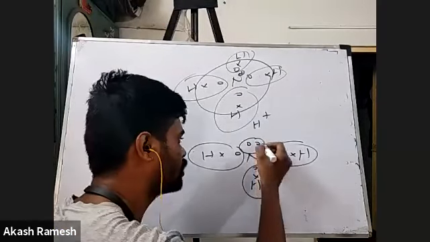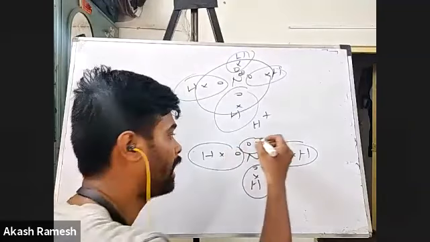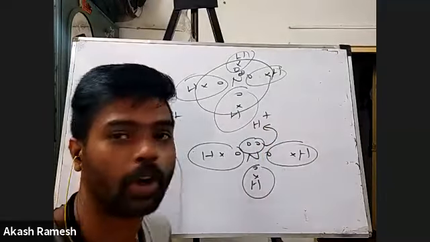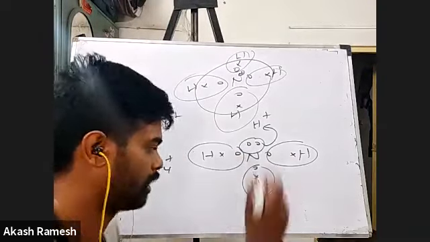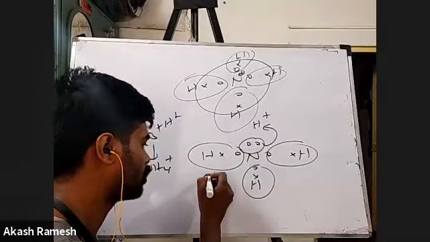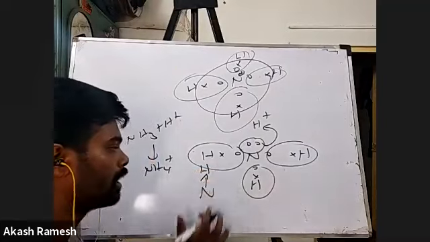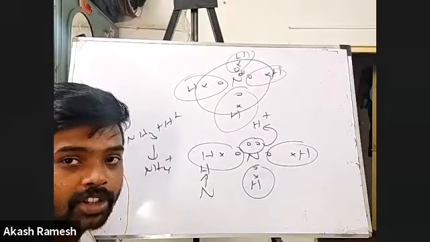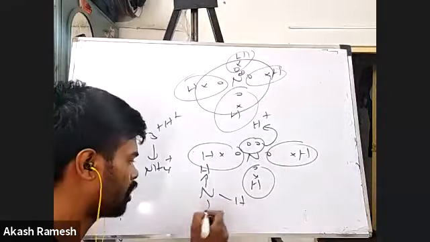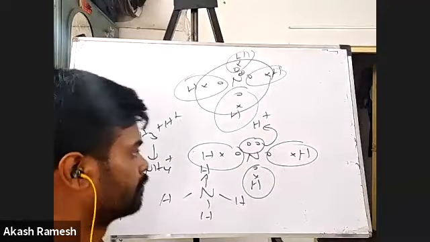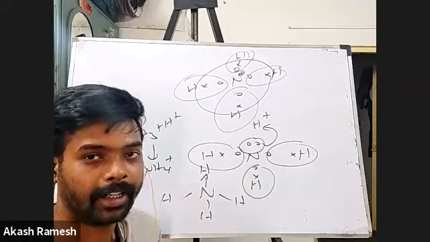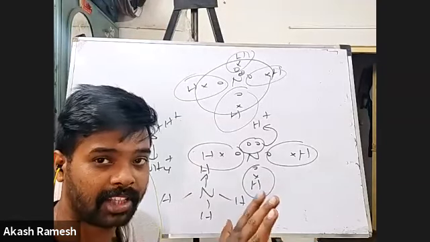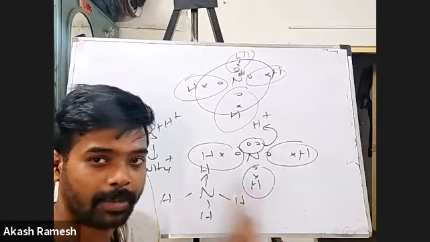Here there's a lone pair, and this lone pair will be donated to the H plus. Cool. So how will I draw the bonding diagram? I have basically a coordinate bond going from nitrogen to hydrogen, and all the other three are okay. Still the hybridization is same, the shape is same, geometry is same, everything else is same.